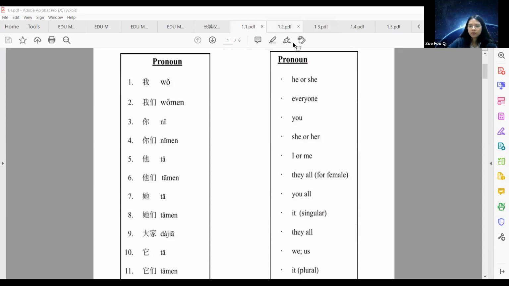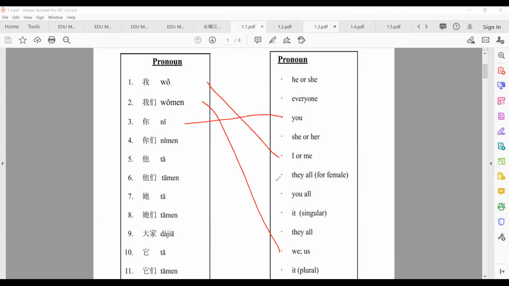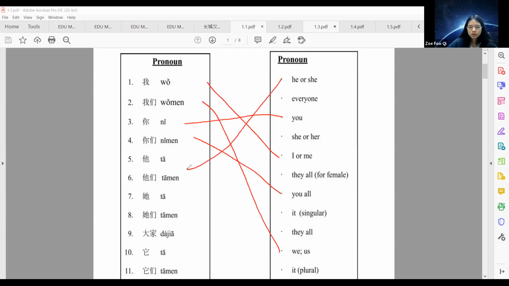So for this one, 我 is I, 我们 is us. And then 你 is you, 你们 is you all, 他 is he or she, 他们 is they all.